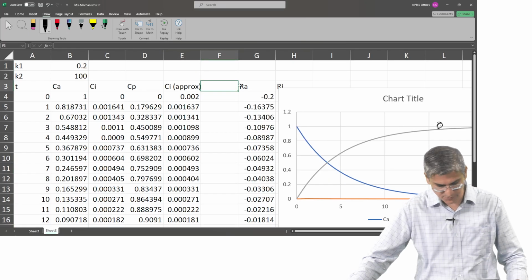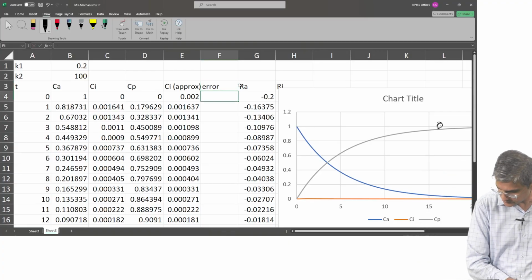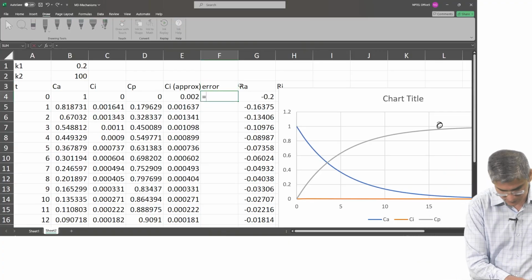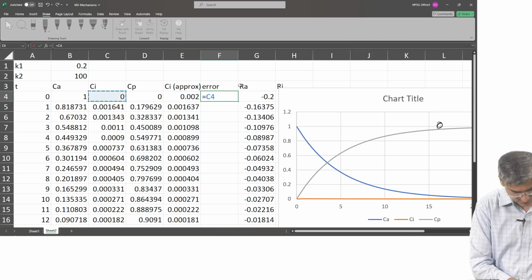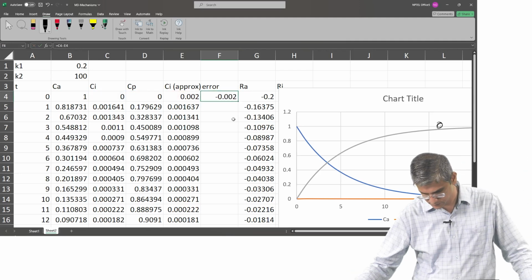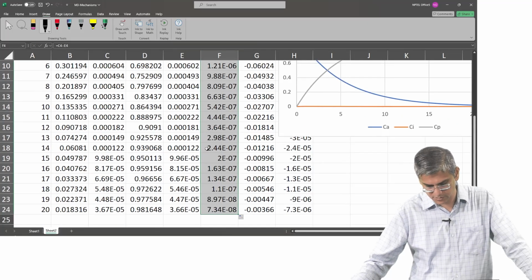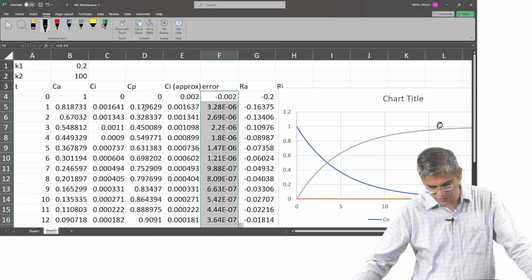Let us look at the error between Ci approximation and Ci. See how small the errors are compared to the value of Ci.